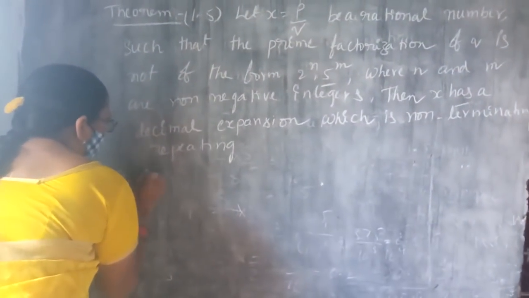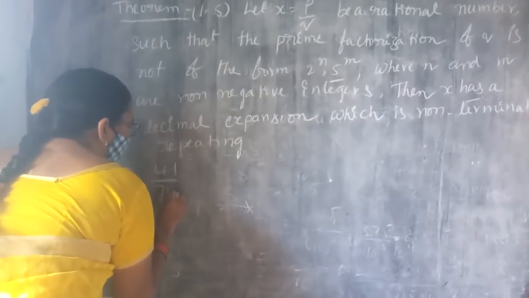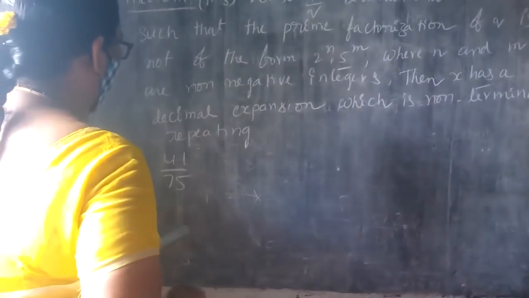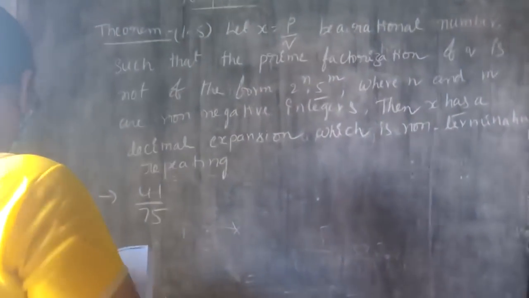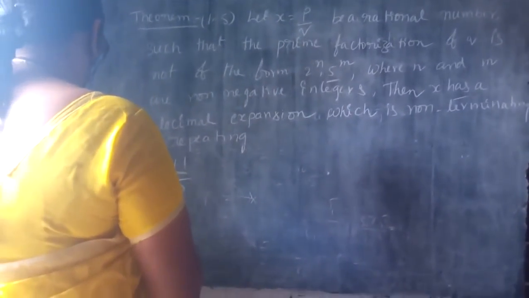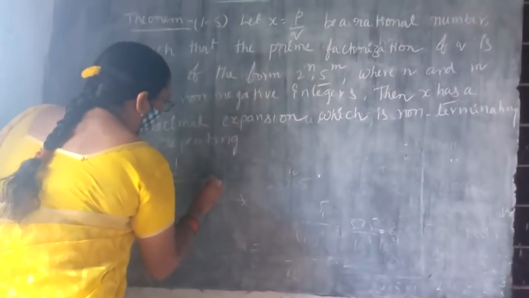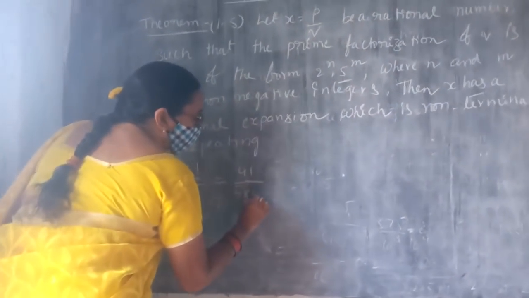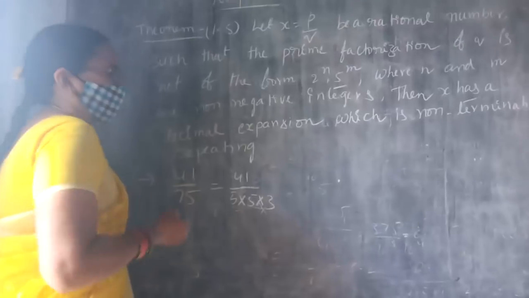See one example for this, children. 41 by 75. How can we write 75? 75 we can write as 5 into 3.